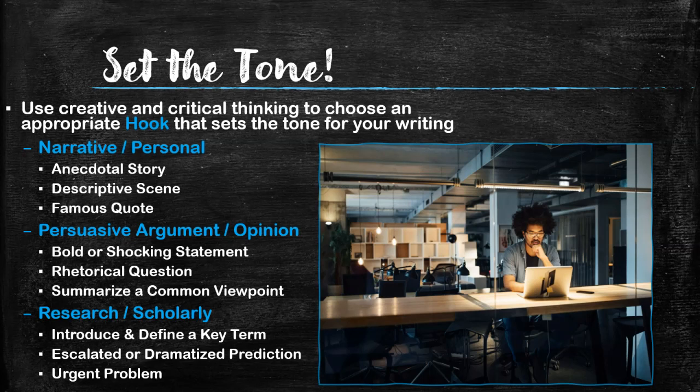Like, if we don't take this seriously, the fate of the world is going to go up in flames. Or similar to that is an urgent problem. Like, people across the world are being plagued by X, Y, and Z, and it's time for that to end. So some of these types of dramatic introductions to the theme, the topic, and the perspective that you're about to research. So those are some fun and interesting hooks that you might use.